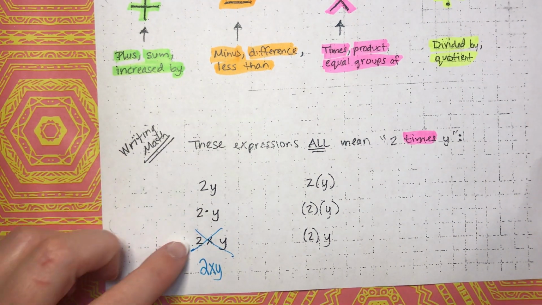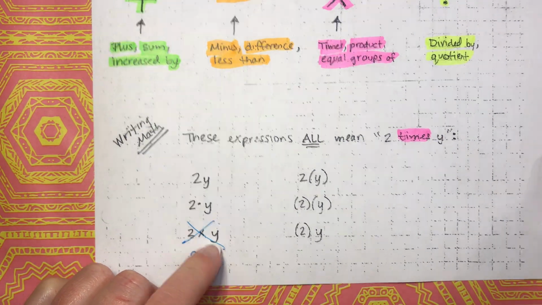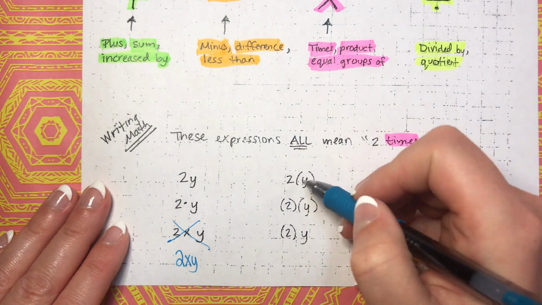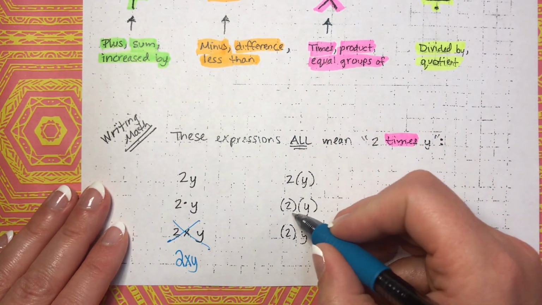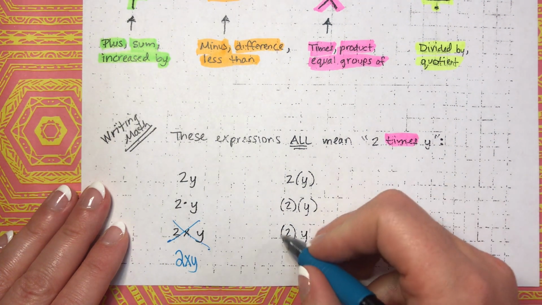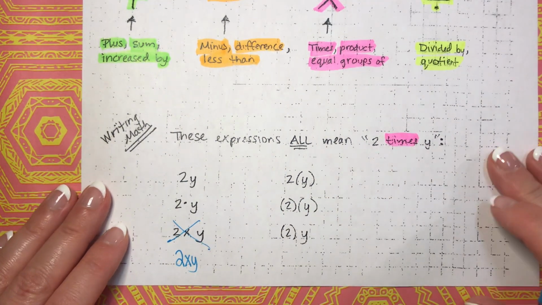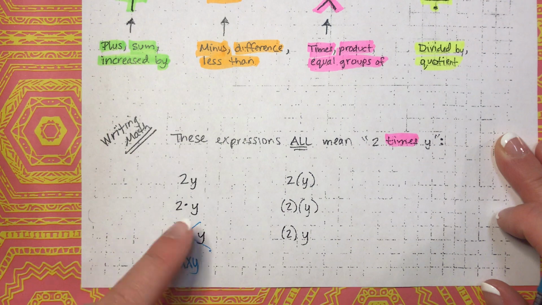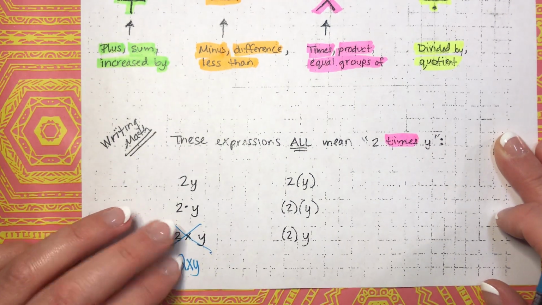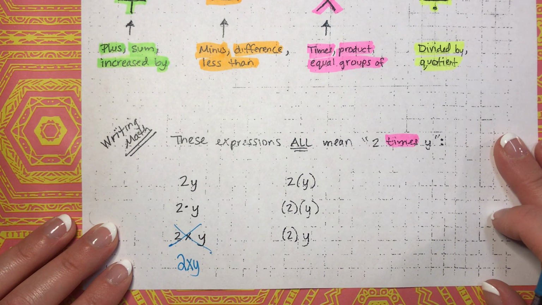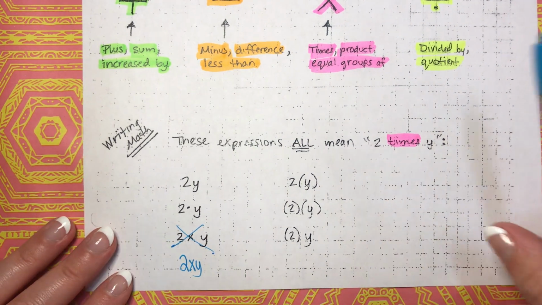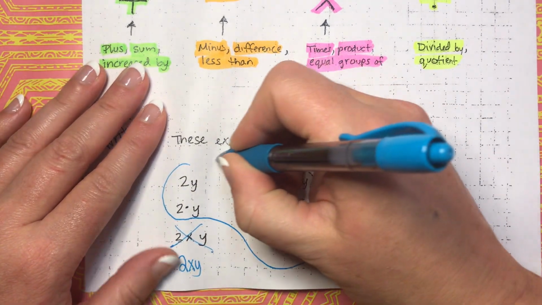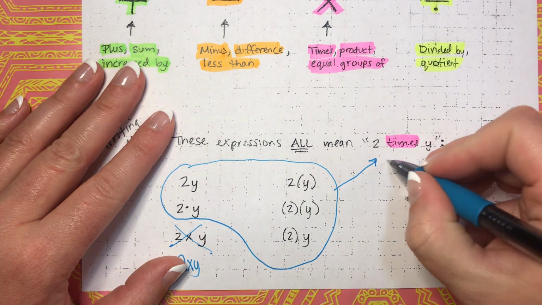So we're kind of going to be graduating from looking at multiplication with this x. We are now going to look at it like this, or with using parentheses over here. So 2 parenthesis y means 2 times y, or parenthesis 2 parenthesis y means 2 times y. Parentheses around the 2 and the y means 2 times y. So here are 6 different ways to use it, but we're really going to be using these 5. We're not going to use this particular way because that can get confused with this. That means 2 different things. So there's all different ways to write 2 times y, but the key is for you knowing that all of these things are really saying the same thing, 2 times y.